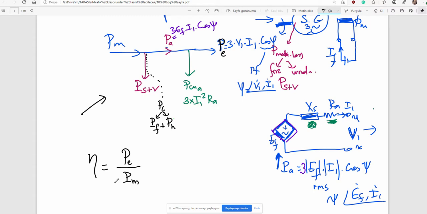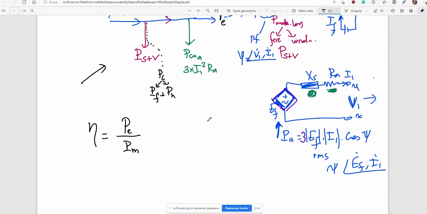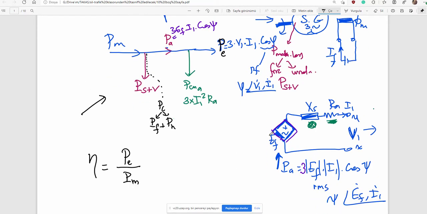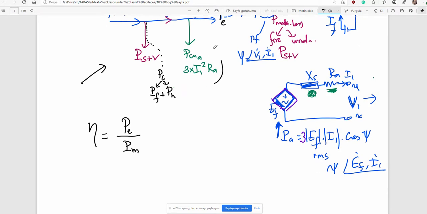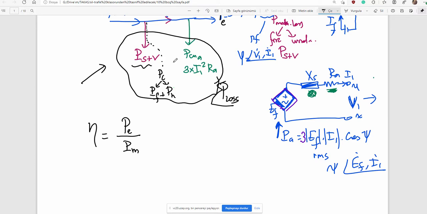Or someone can say those are power losses, total power losses. Some are mechanical, some are electrical, total losses.